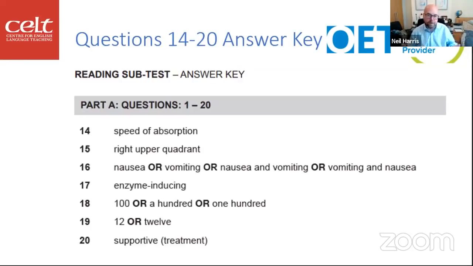What I've tried to show you today is not a shortcut to success if you haven't got good medical English language skills. And OET is really keen to give this message. It's really important that you develop good medical English. What I've tried to do is show you, once you've got that baseline level of good language, how you can make the most of the strategies to save you time.